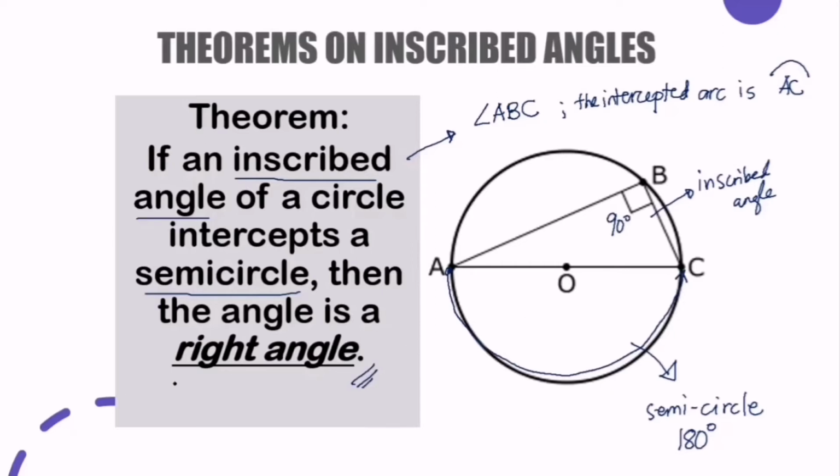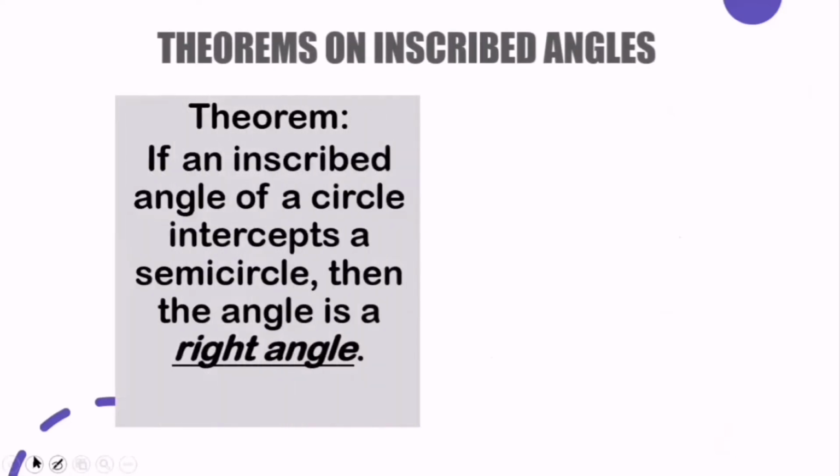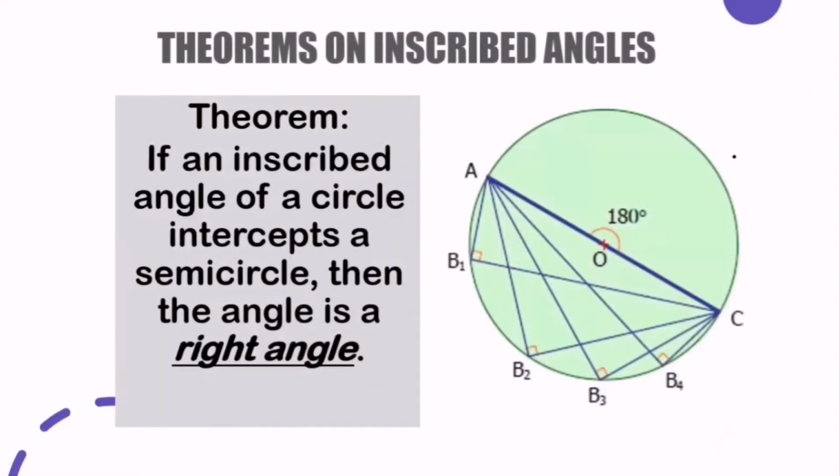So no matter what the figure is, as long as our intercepted arc is the semicircle, it is always 90 degrees. It always forms a right angle. So I hope that is clear with everyone.